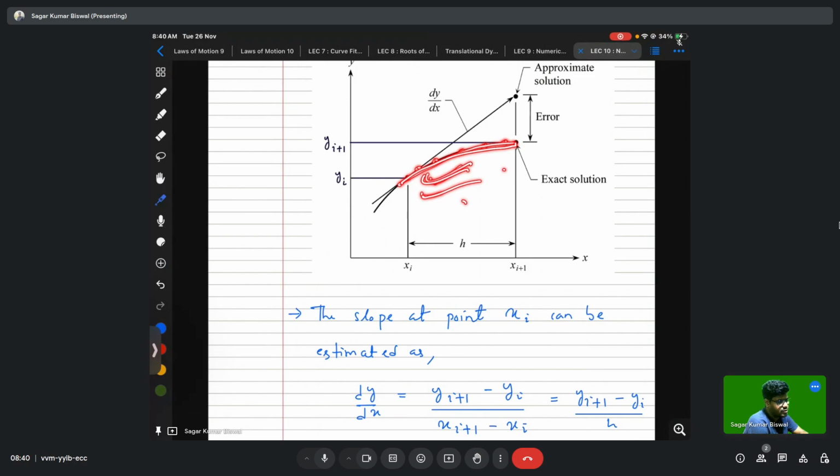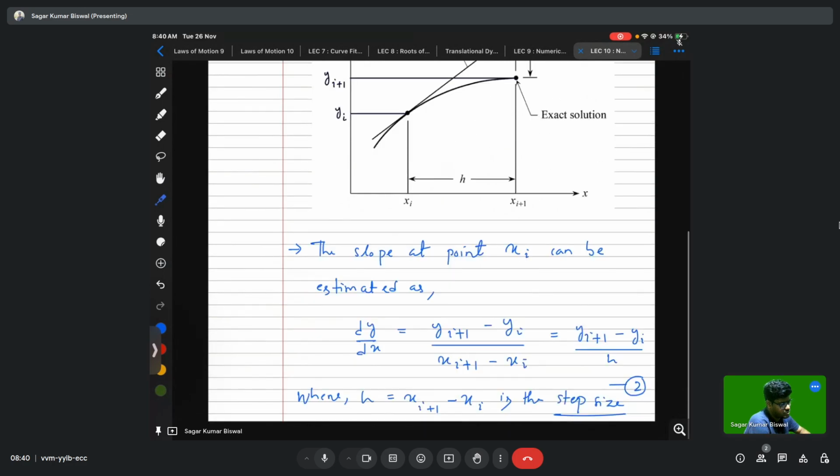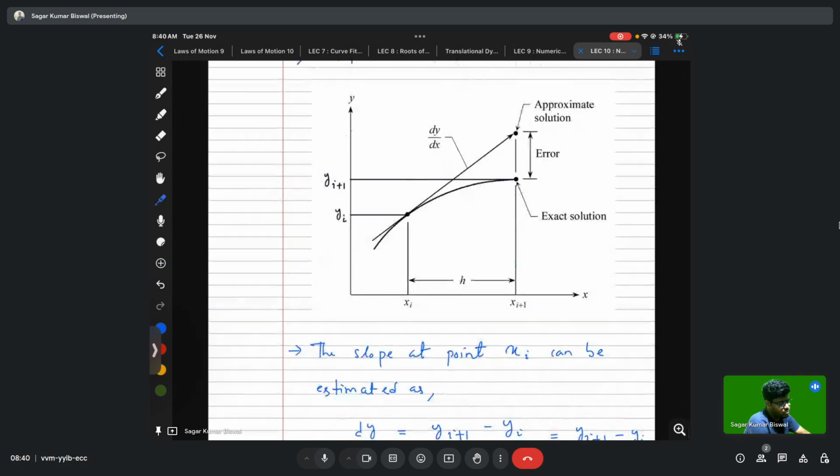Here you see that the exact solution is like this, but the approximate solution is like this, because you are taking this dy by dx as this, but this dy by dx is actually this function, and in the Euler method we are taking dy by dx as this line only.